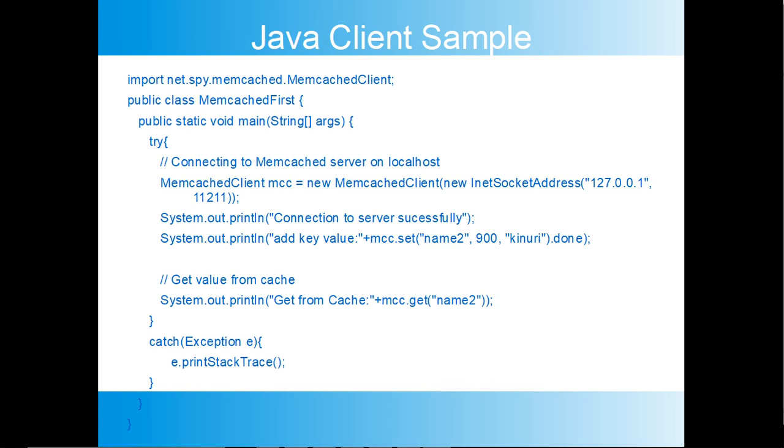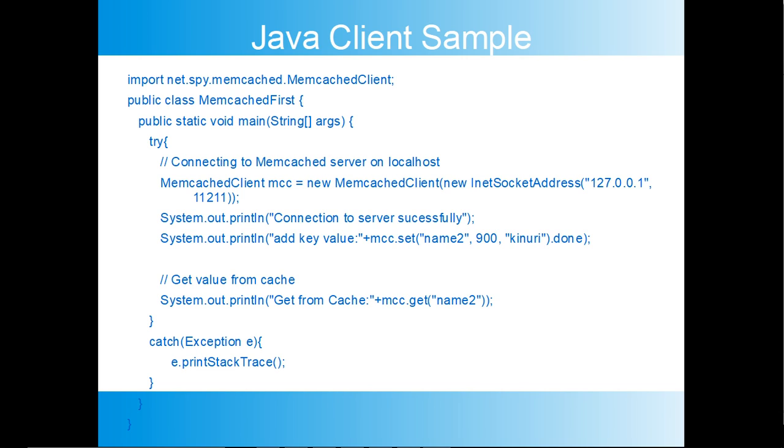Then we will see a Java client sample. Once you install the memcached server on Windows or Linux, and I prefer you to install it on Linux, and once it's started, you can get the data in the map, or put data in the map, or load data from the database into the map.